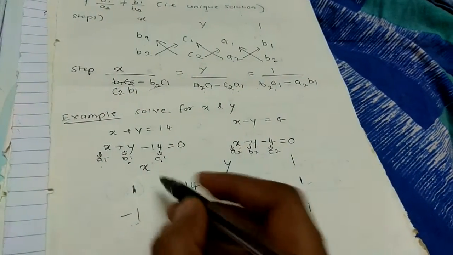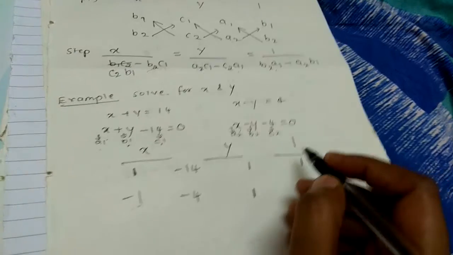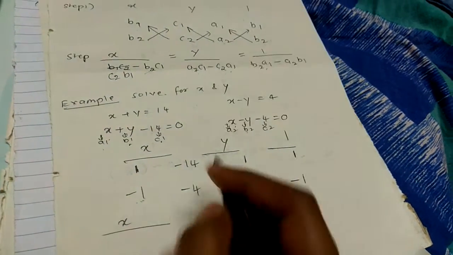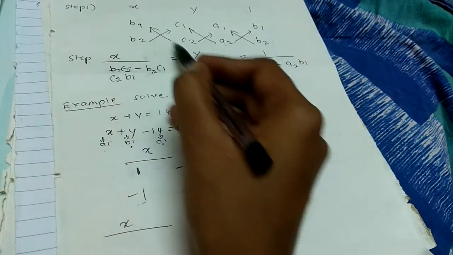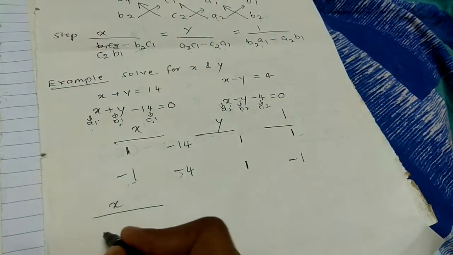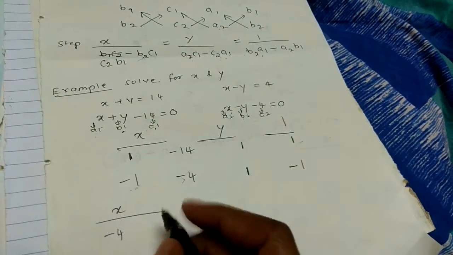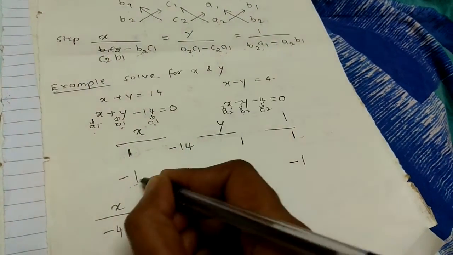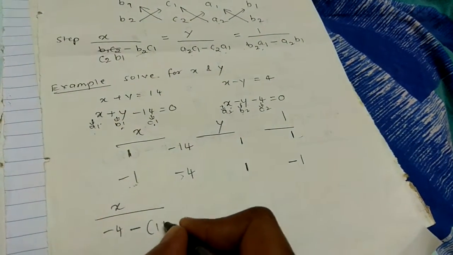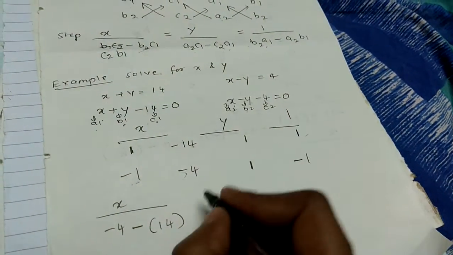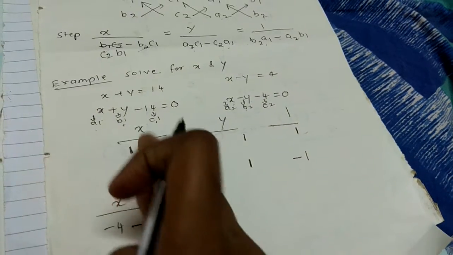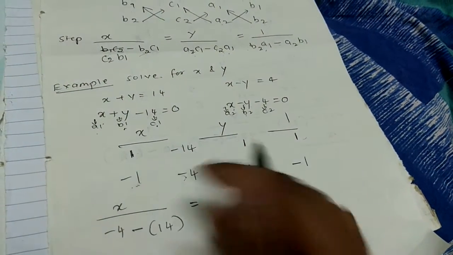Now you just have to cross multiply. So x upon: you cross multiply like this. Minus 4 into 1 is minus 4. Subtract the product of these two: 14 ones are 14. Minus minus is plus. This will be equal to, forget this column, now concentrate on this.